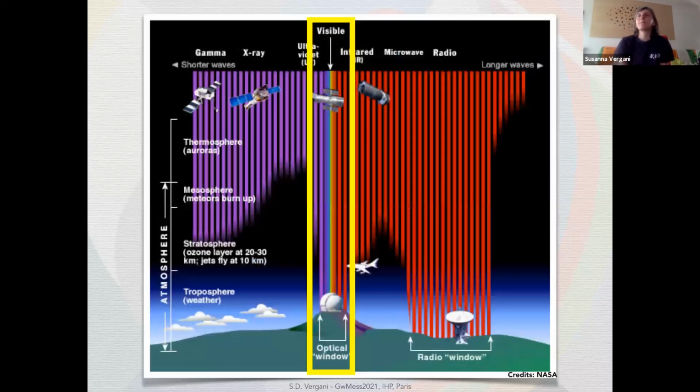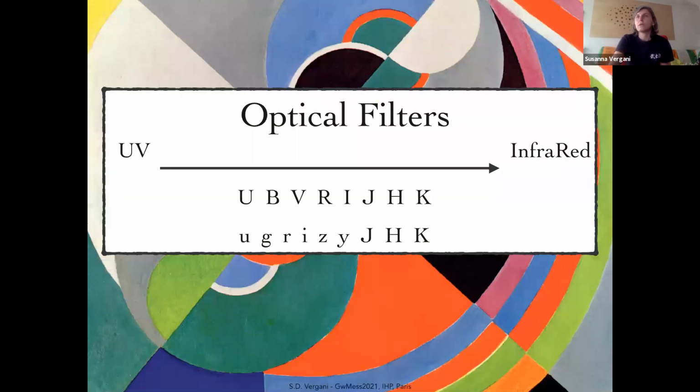So before going on, I will have to focus a bit on this part of the electromagnetic spectrum, that is the optical window, because I need to introduce some symbols that you will see in the next slides. When we observe in the optical, we observe using different filters, okay?